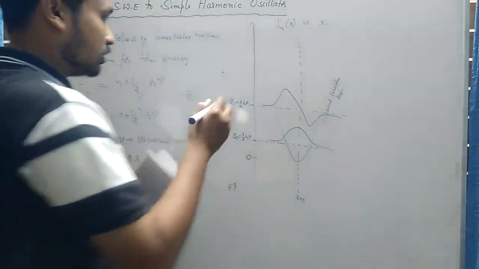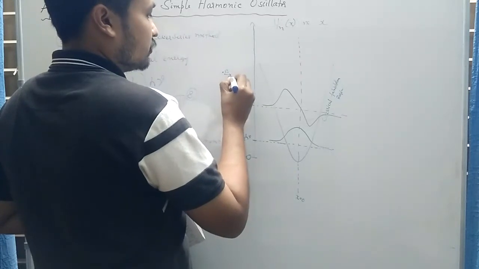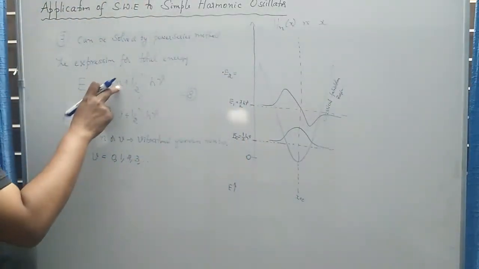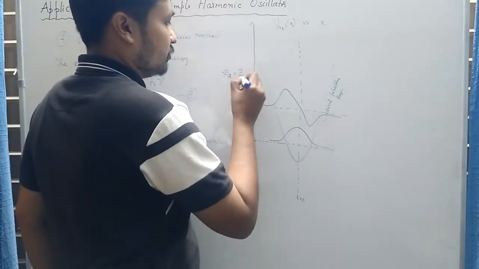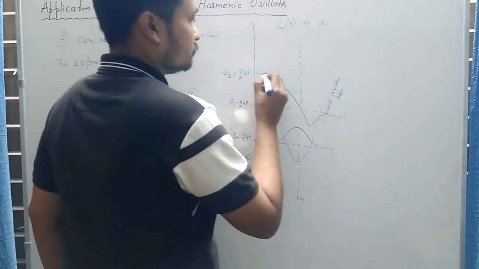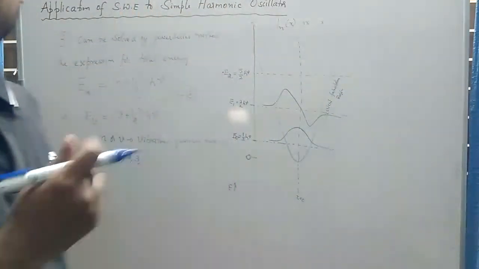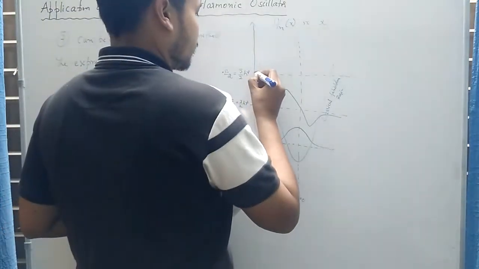Similarly, you can plot the corresponding wave function graph for the next energy. The next energy is when n is equal to 2, 2 plus half, that is 5 by 2 into h nu. Here we had two half waves, so the next should be three half waves. So the graph is something like this.